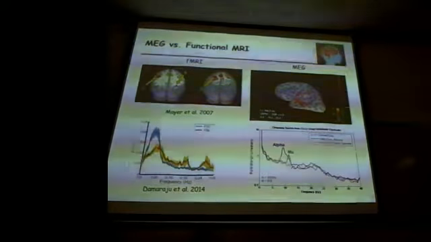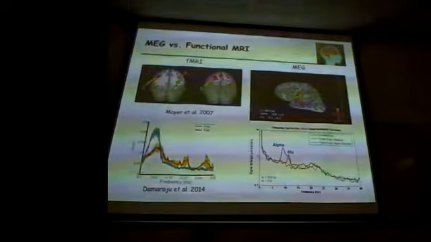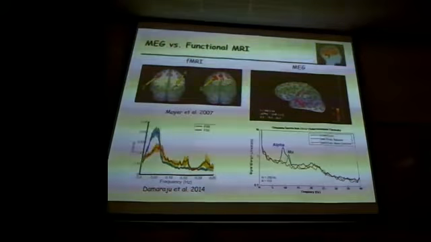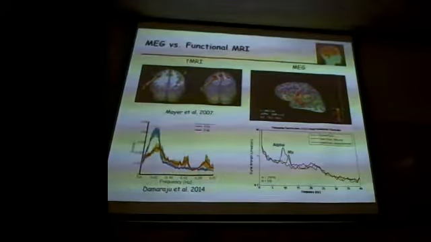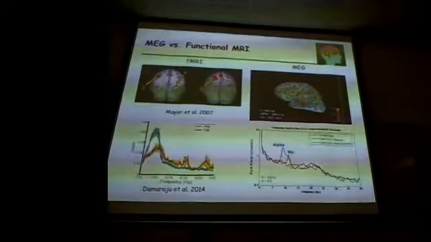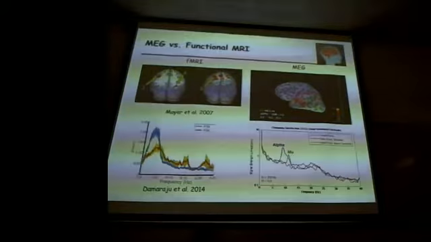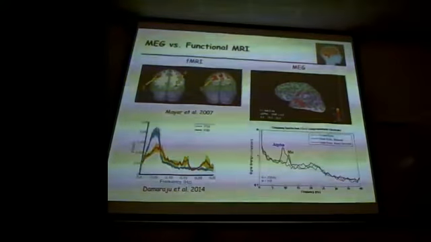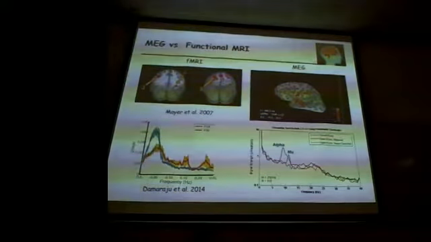The other way that I like to differentiate fMRI and MEG is by looking at spectral plots. With fMRI, you look up to about 0.25 Hertz, and with MEG and EEG, we're primarily looking in the range of, this plot is showing 0 to 40.